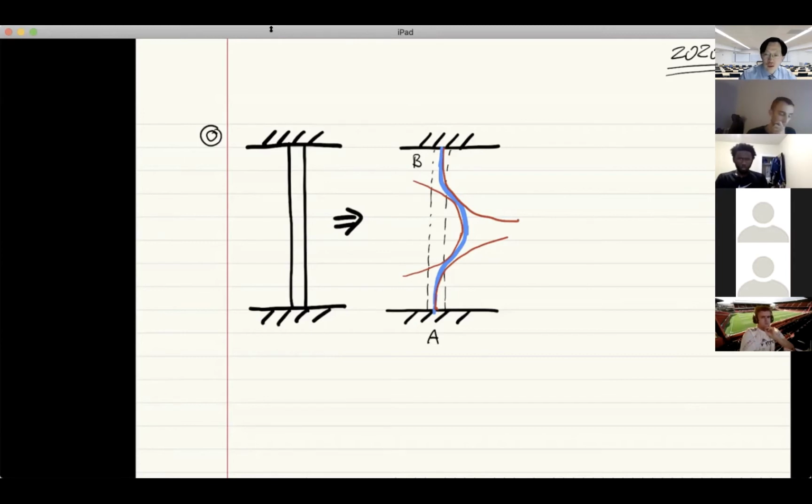So the points we talked about before, about how do we use the change of curvature points to define equivalent lengths, this is the way we do it. The intersection points between these two curvature change points is how we find out the equivalent length.